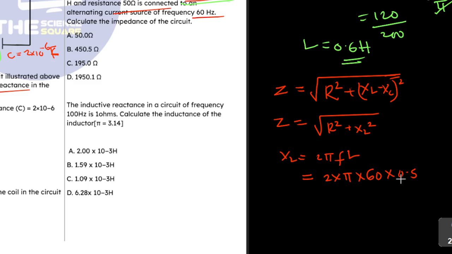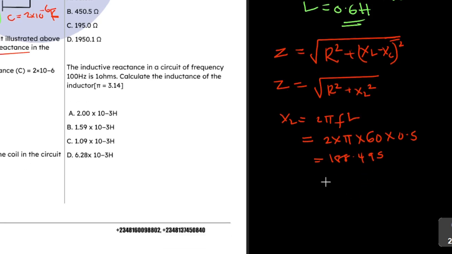The question did not specify, so let's use 22 over 7. So 2 times pi multiplied by 60, then multiply by 0.5. We'll get around 188.495. Let's not approximate yet.